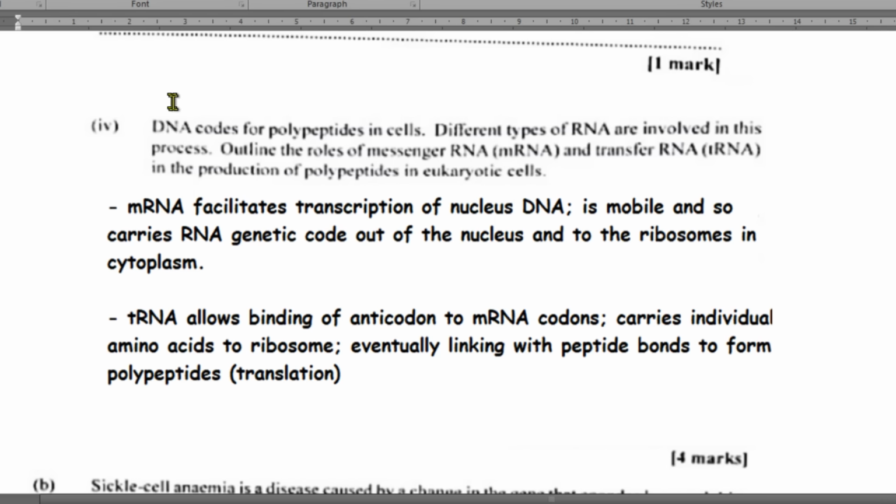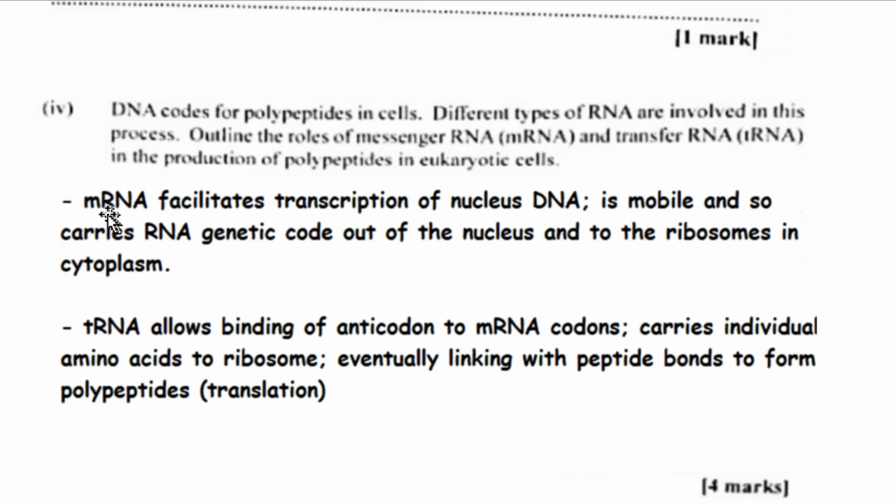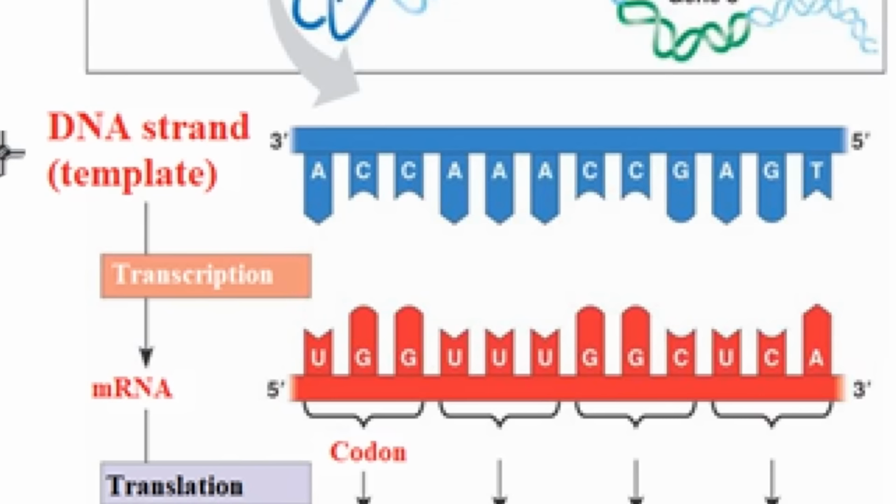Part 4. DNA codes for polypeptides in cells. Different types of RNA are involved in this process. Outline the roles of messenger RNA, or mRNA, and transfer RNA, tRNA, in the production of polypeptides in eukaryotic cells. To break this down, mRNA facilitates something called transcription, tRNA facilitates something called translation.